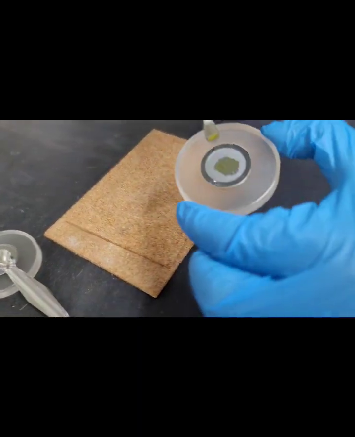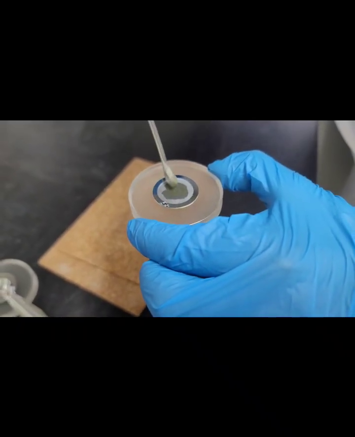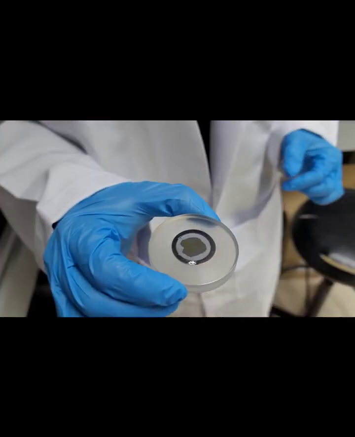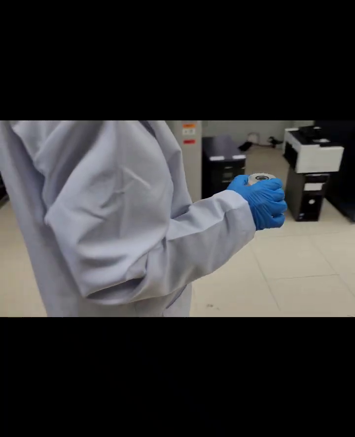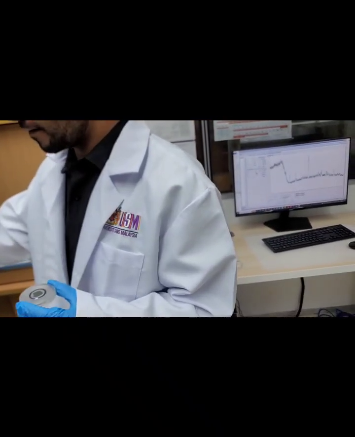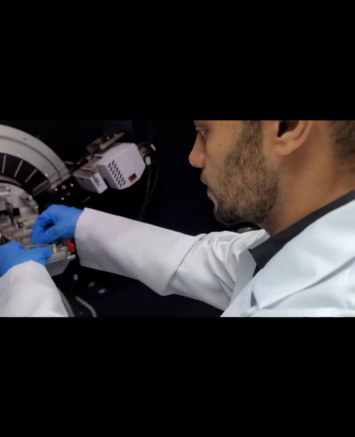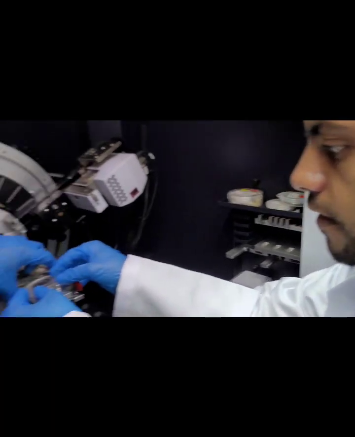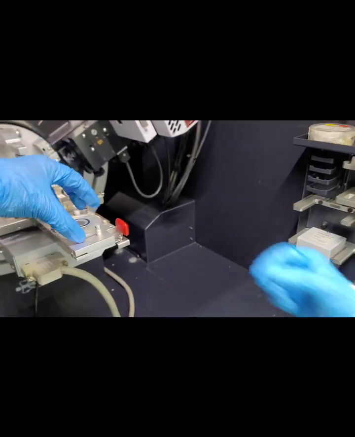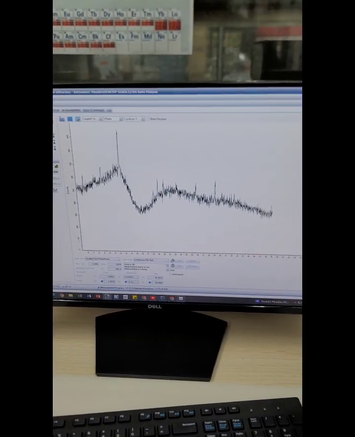Okay, we will split it. It's okay, done. Then we will go back to insert it into the XRD instrument. This is the second sample.